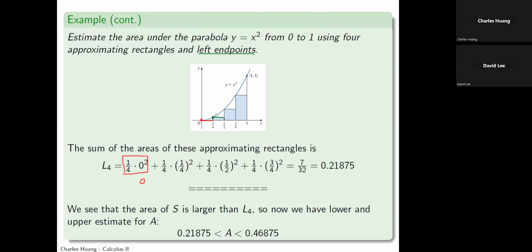The height for this particular rectangle is going to be 1/4 squared. And I'm going to do that for every single rectangle. In this case, we're only going to get 7/32. So we can see that the real area should be somewhere in between, right? Bigger than the 7/32, but smaller than the one that we just found.